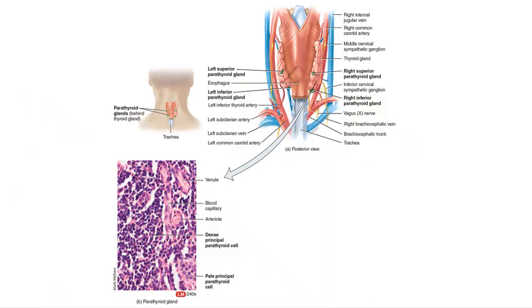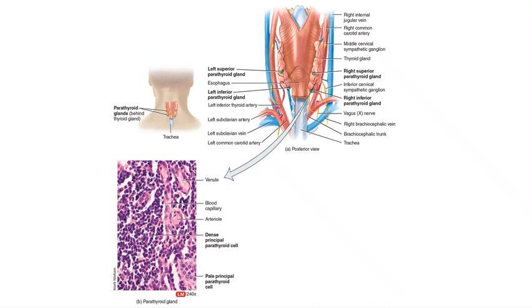This is just a histological example of where it's at. If you're looking at the thyroid gland, you have your parathyroids, which are quite tiny. You have your left superior and inferior, and your right superior and inferior parathyroid. So they are within and associated with the thyroid, two on each side, one superior, one inferior.